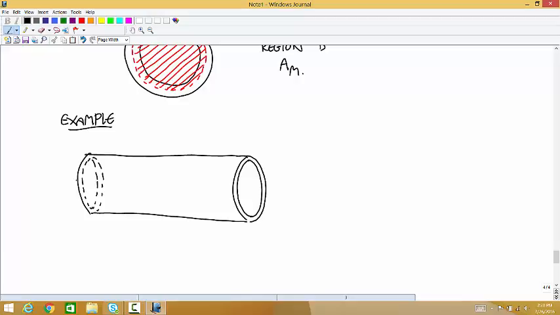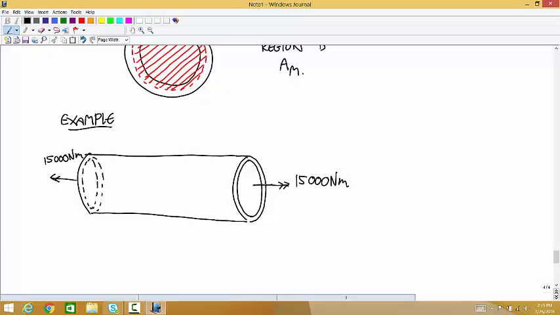And we're applying a torque to it of 15,000 Newton meters. And we are going to calculate the stress.